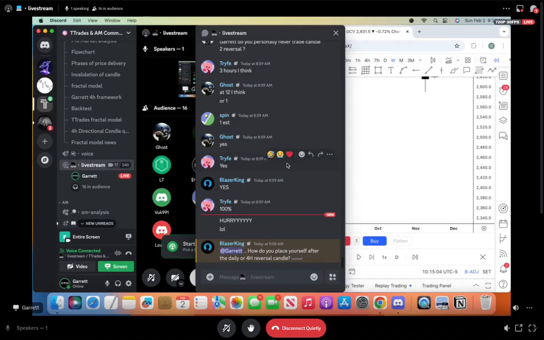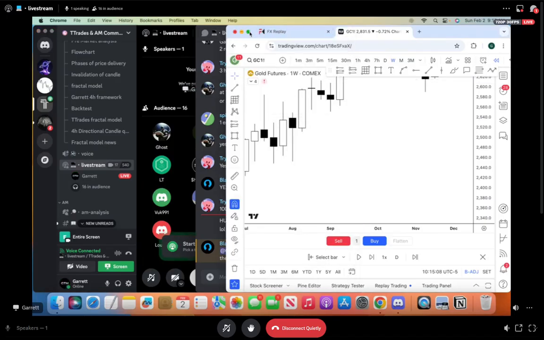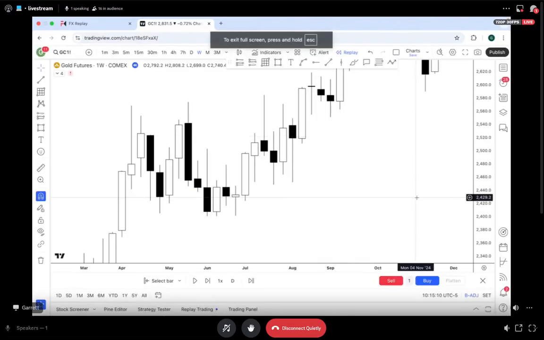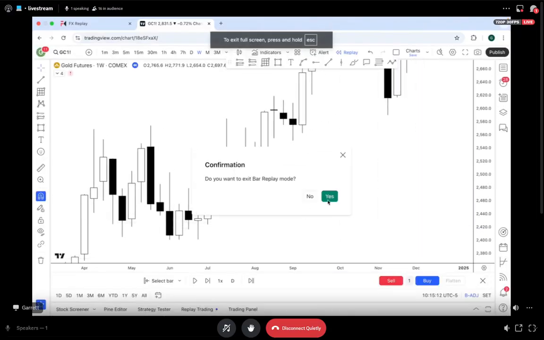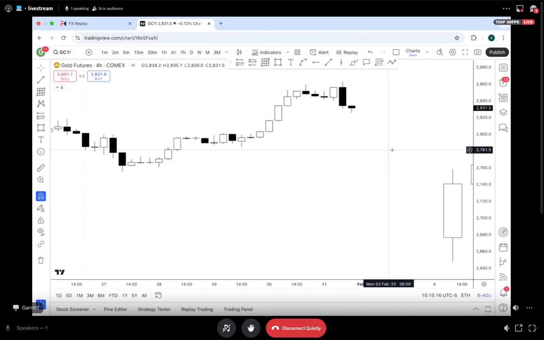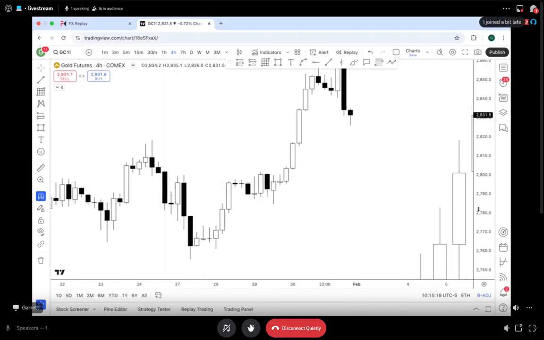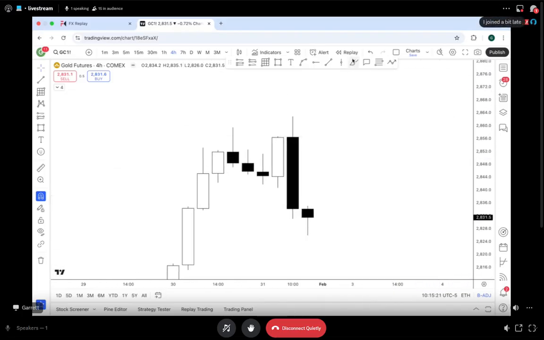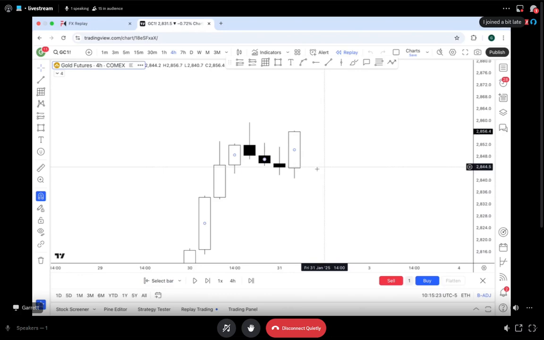How do you place yourself after the daily or 4 hour reversal candle? I don't know if you missed the back test, but it's pretty simple. So if I just look here, my model or this trade idea is just from this fair value gap.